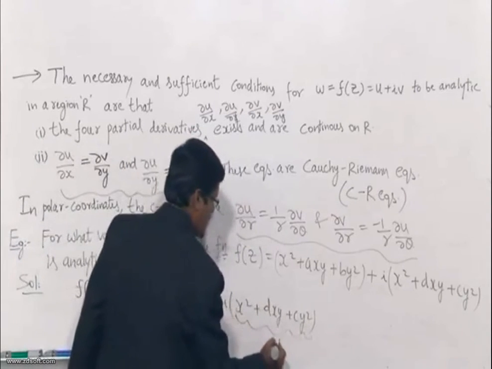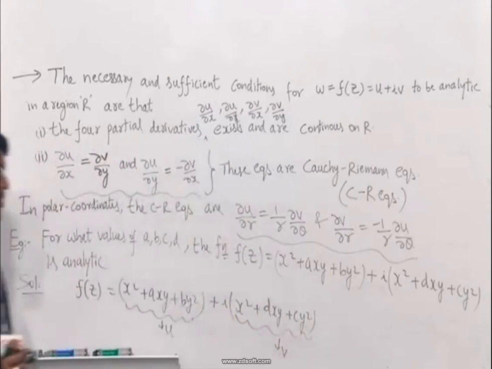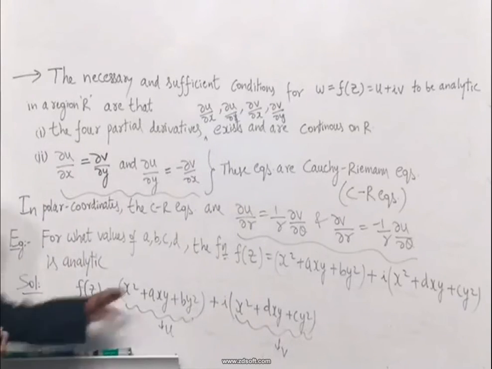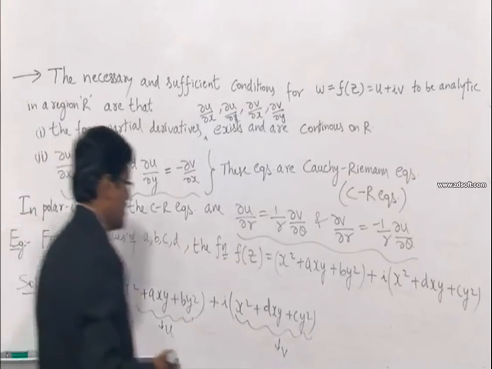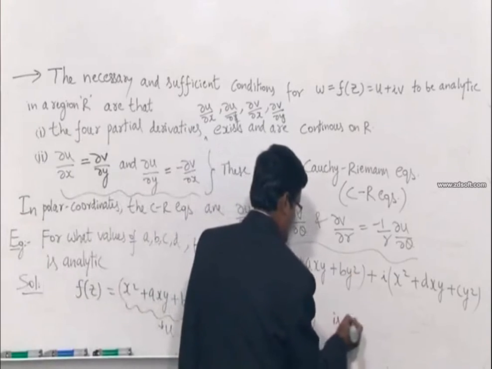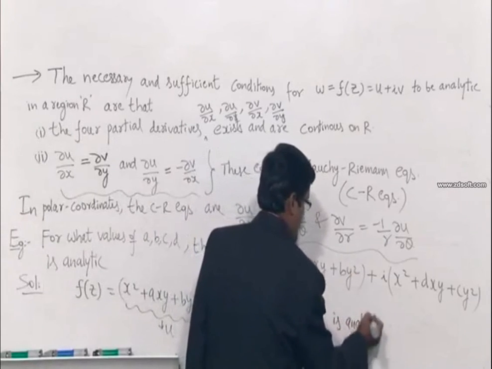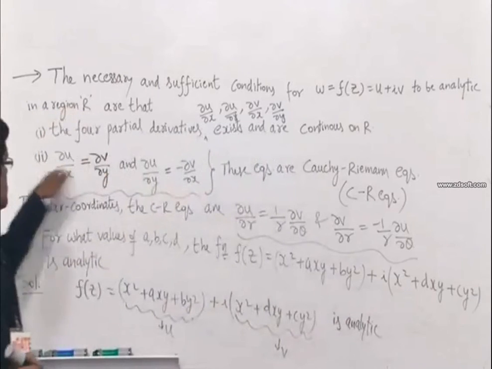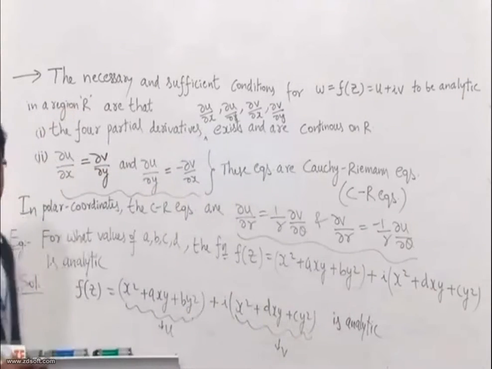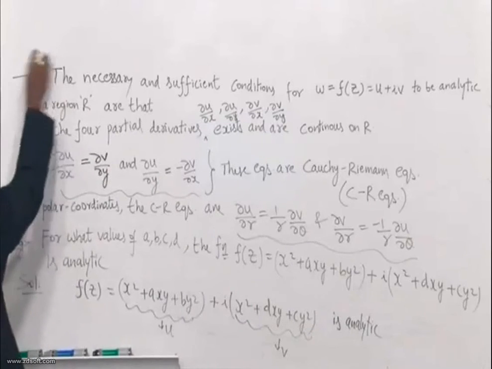The coefficient of i, that is multiplying i, is denoted by v. The term not containing i, that is the real part of f of z, is u. It is analytic, so whenever analytic, use the second condition, that is the CR equations, Cauchy-Riemann equations.